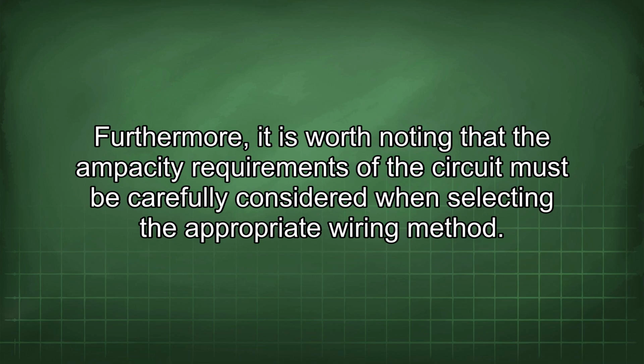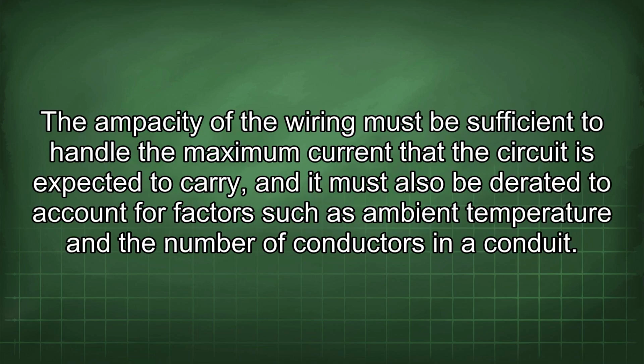Furthermore, it is worth noting that the ampacity requirements of the circuit must be carefully considered when selecting the appropriate wiring method. The ampacity of the wiring must be sufficient to handle the maximum current that the circuit is expected to carry, and it must also be derated to account for factors such as ambient temperature and the number of conductors in a conduit.